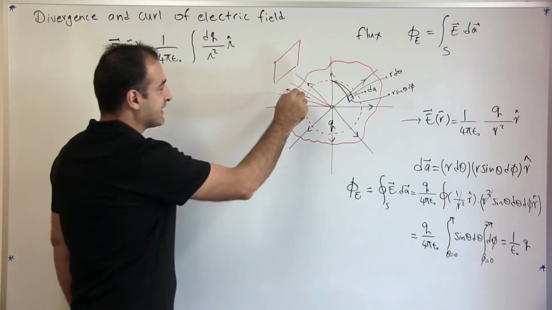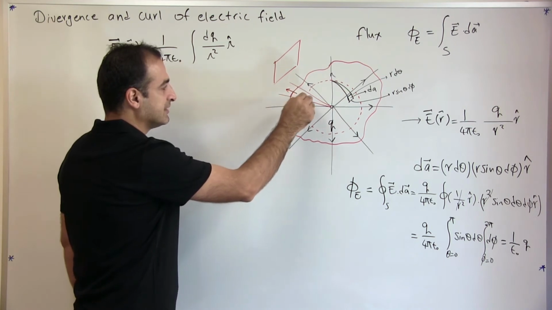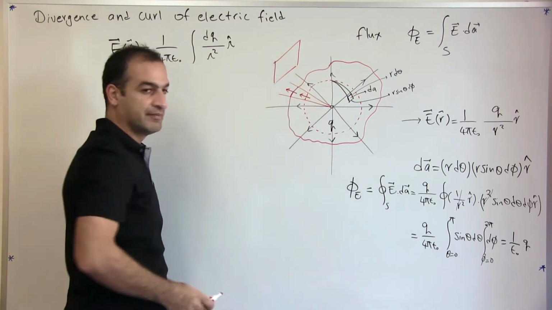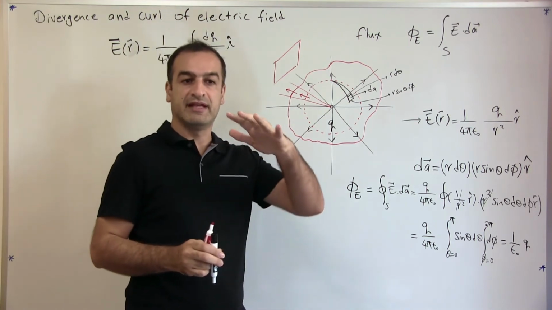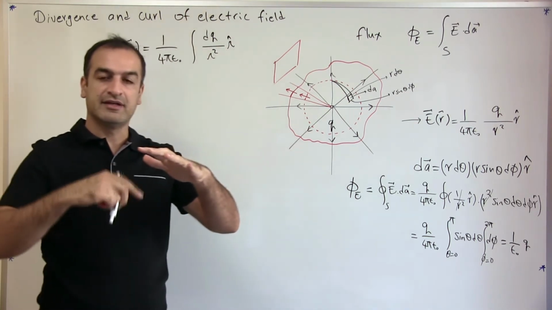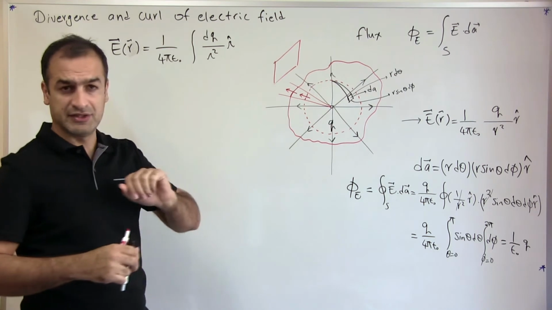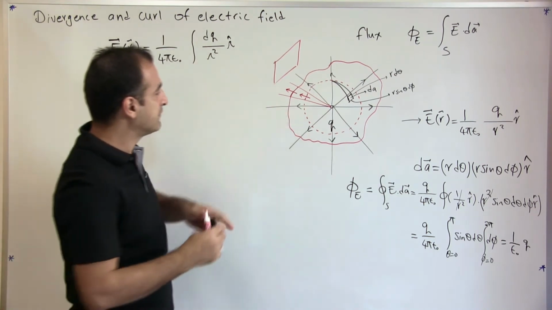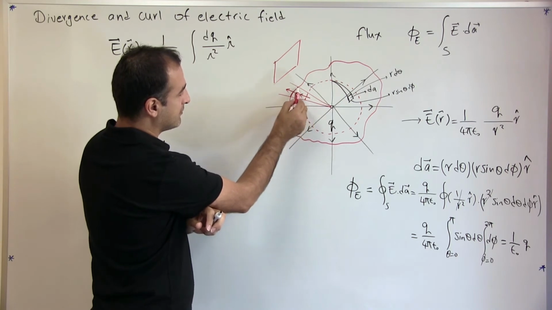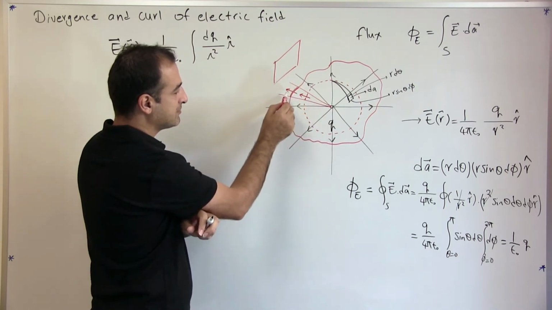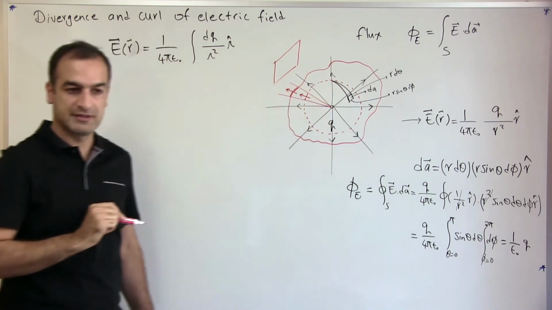This surface can have an angle relative to the surface of the sphere, but if it has an angle, the magnitude of the area increases in a very similar way to how the angle is changing. So at the end, if we calculate the flux passing through the surface of the sphere or through the surface of the random shape here, we get the same flux.